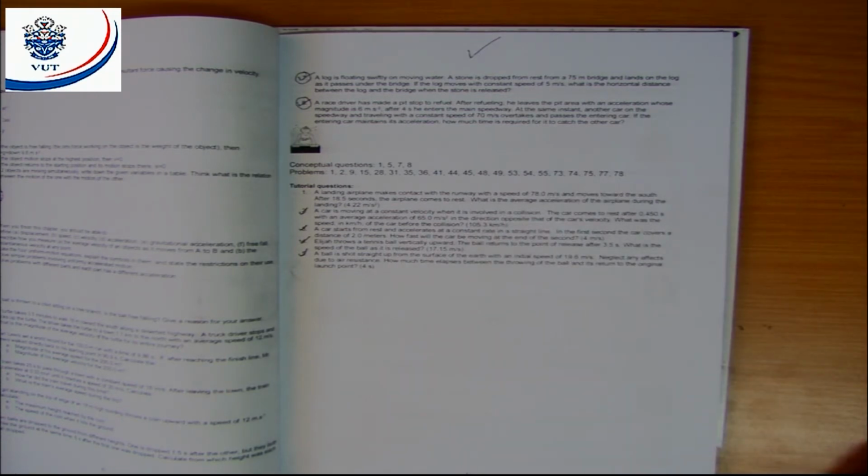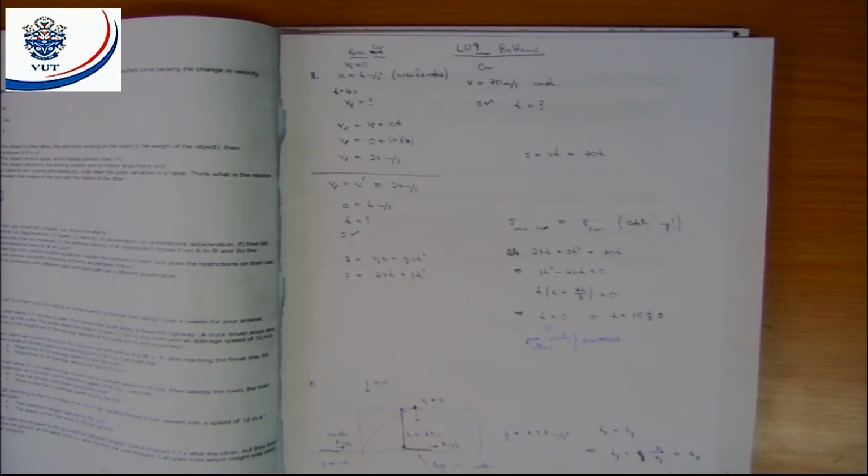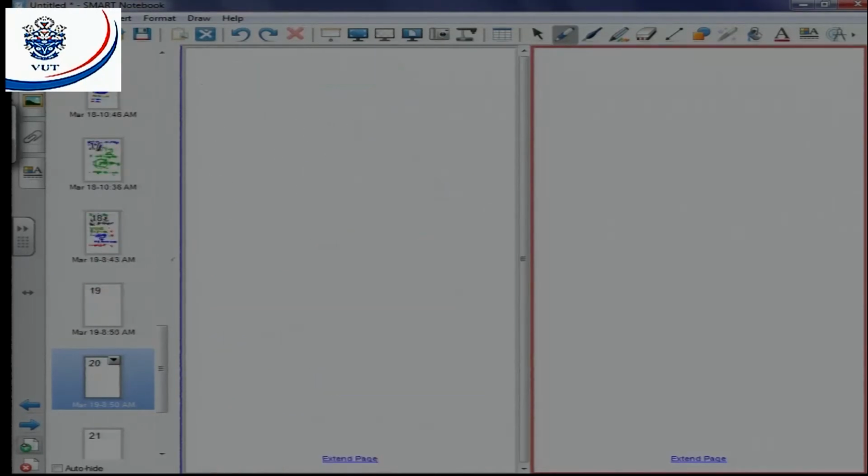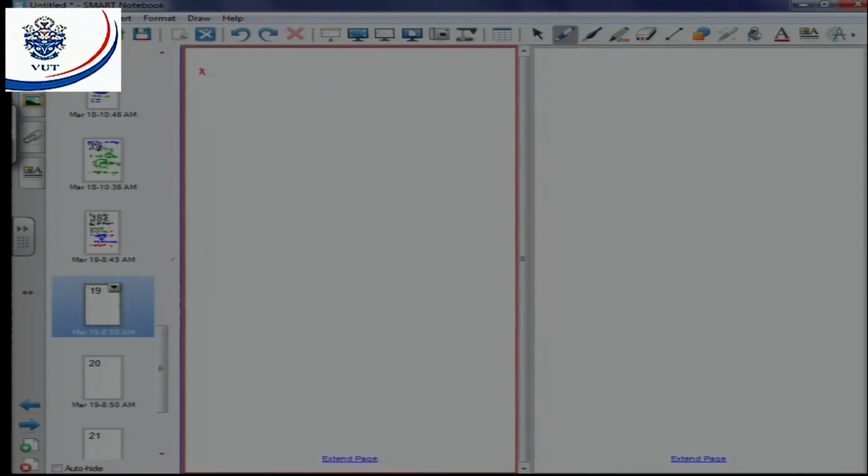I have already solved this problem, so my solution is over here, but let's just briefly discuss it. We need a new page, so let's open a new page. We are looking at page 42, problem number 8.